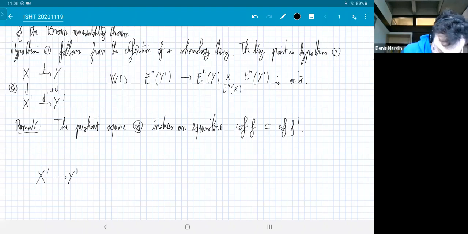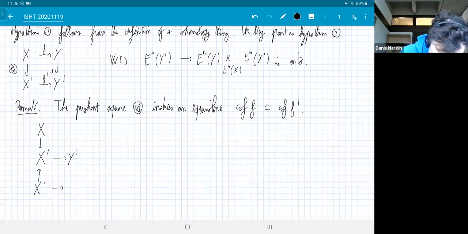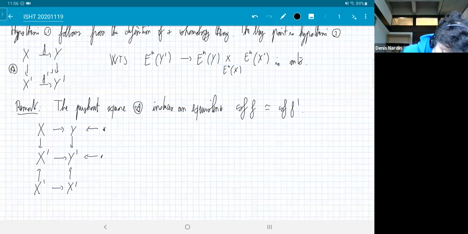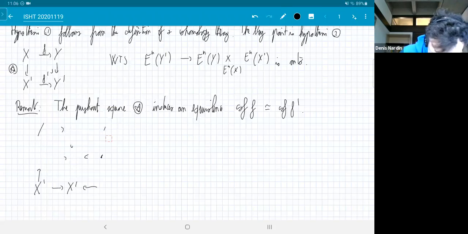You consider this square here. Oh no, sorry. I'm doing the pullback, not the push-out statement.